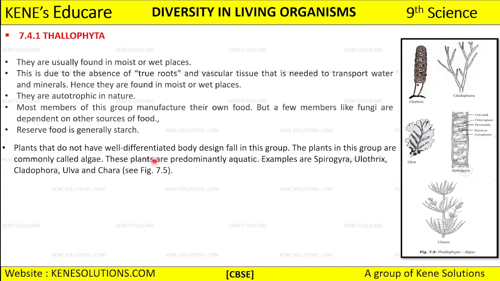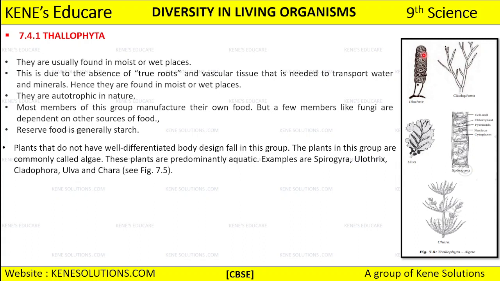And these plants are predominantly aquatic, because they are living in moist and wet places. The examples of this Thallophyta are Spirogyra, Ulothrix, Cladophora, Alva, and Chara. So you can see the figure here.